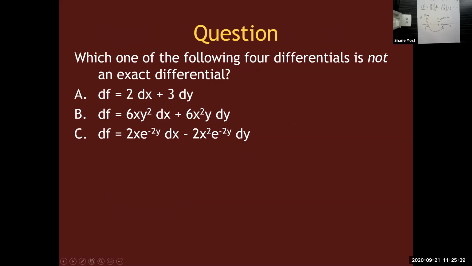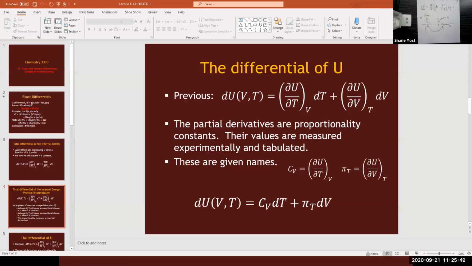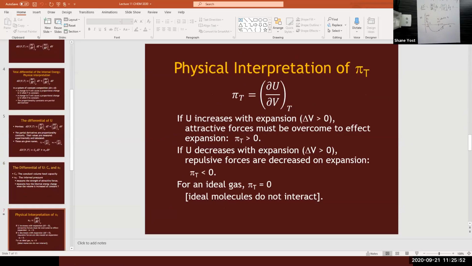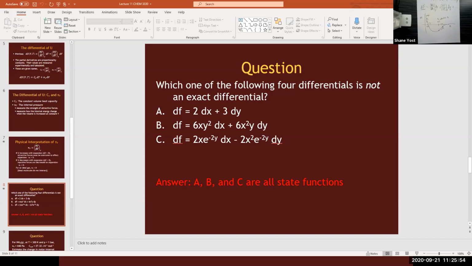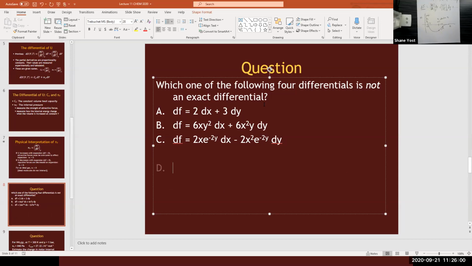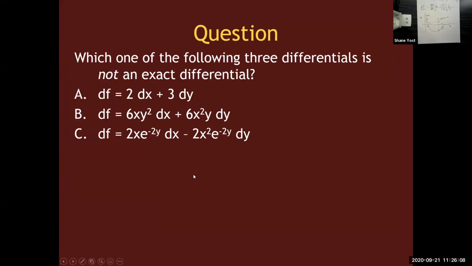So which, oh, 4. Need to click. No, okay. Following 3. What happened to the 4th there? Ah, well, there you go. Yeah. 3.